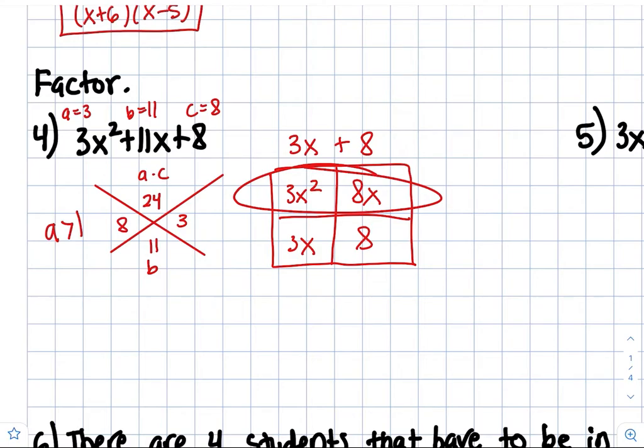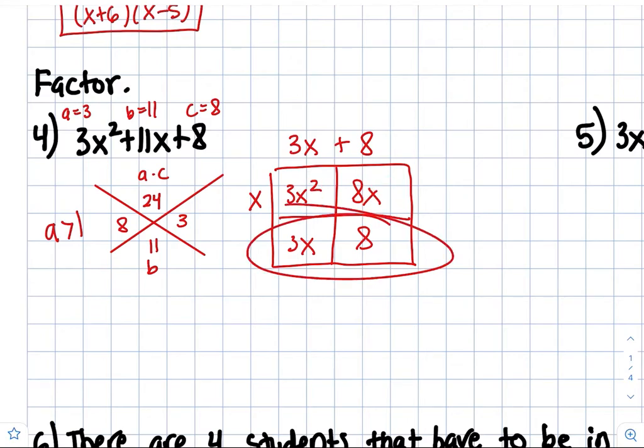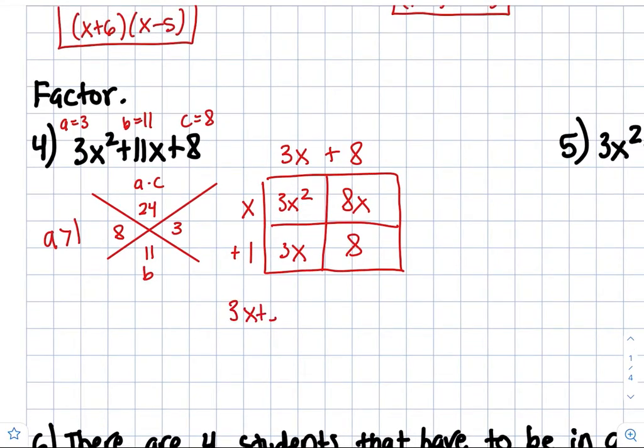There is no number that goes into 3 and 8, but you can factor out an x because they both have an x variable. This row has nothing in common. 3 can't go into 8, and they both don't have an x variable. So the only thing you can pull out is a positive 1. But there are your factors: 3x plus 8 times x plus 1.